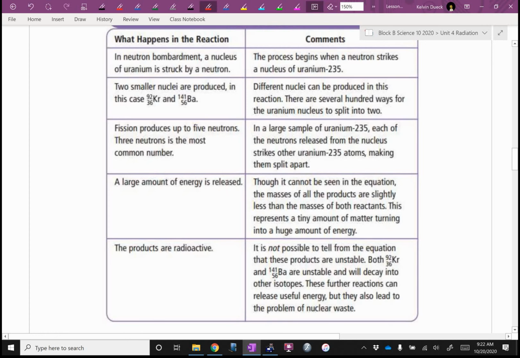There's some unstable elements. Fission can produce up to 5 neutrons. The most common is 3. A large amount of energy is released. A fantastically large amount of energy is released. The downside, the resulting products are radioactive. And so this is what gives you what we call radioactive waste.